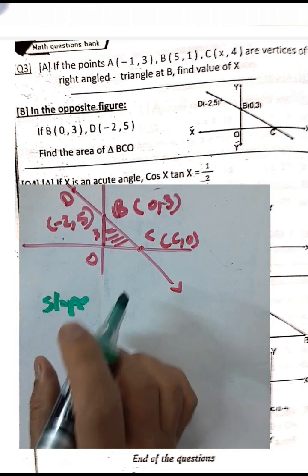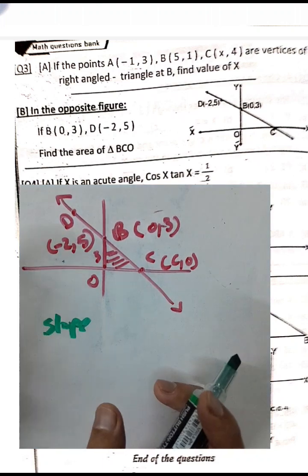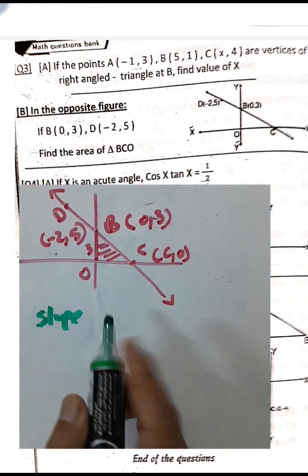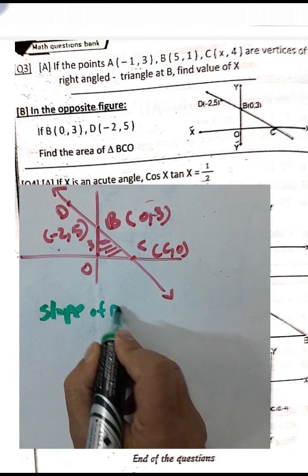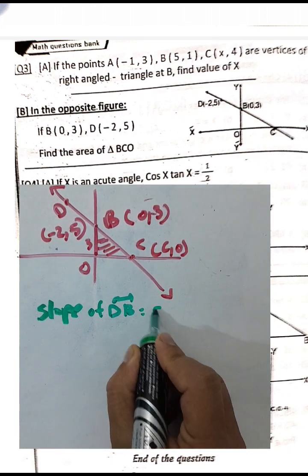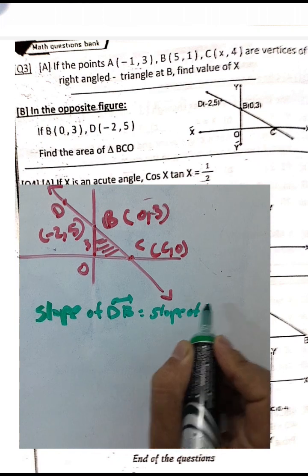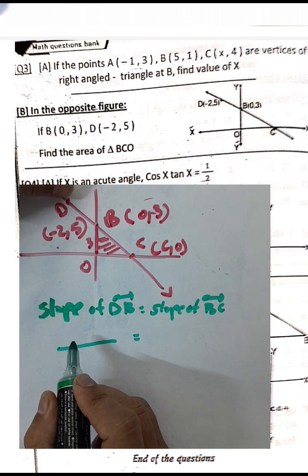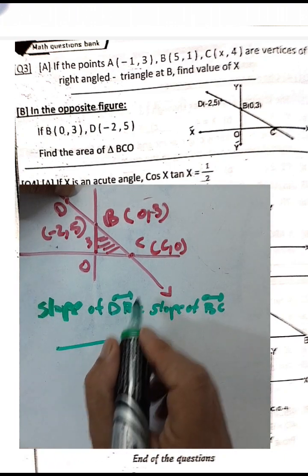So we solve this example by using the rule about slope. If 3 points are collinear, then the slope of DB equals the slope of BC. Slope of straight line DB equals slope of BC. Okay, we can find the slope of BD.